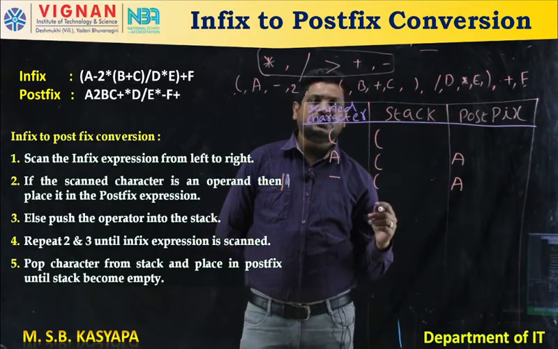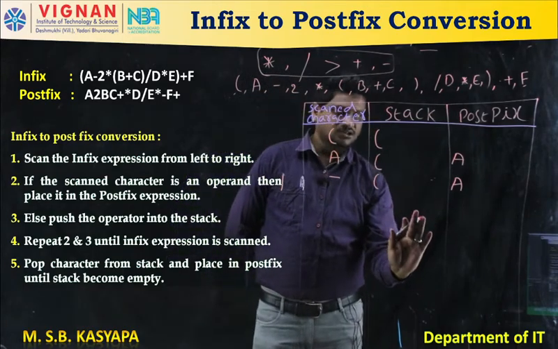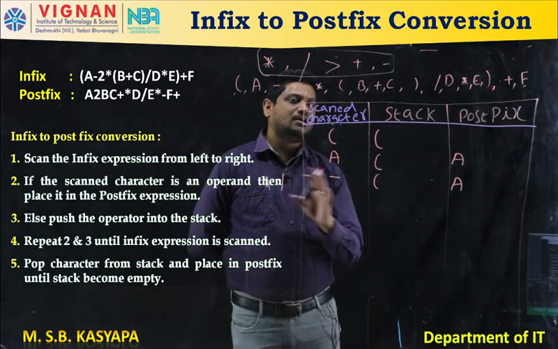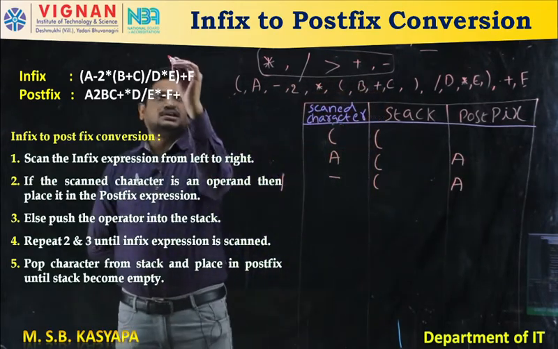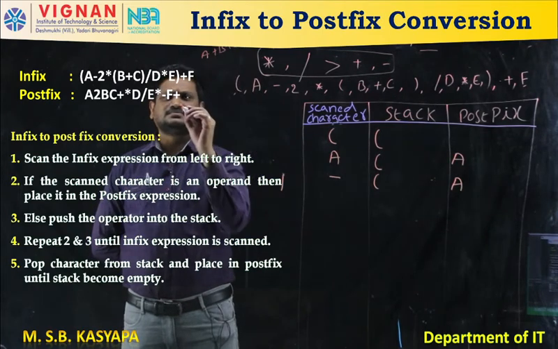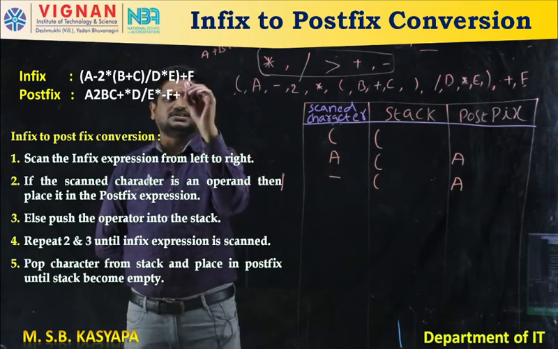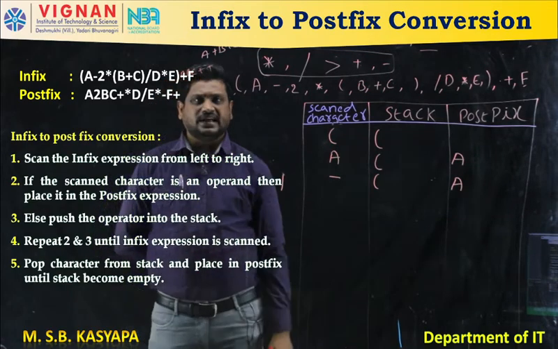If I do it like this, all the operators will come after all the operands. Am I right? Let us see, if I do A plus B plus C with only these operations: first A, next B, C, plus plus, it will be like this.